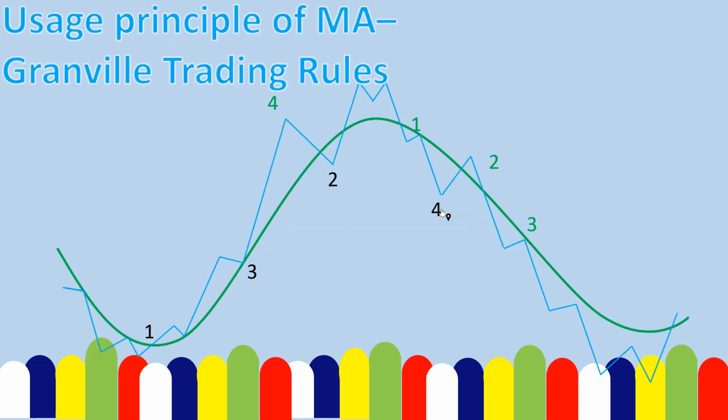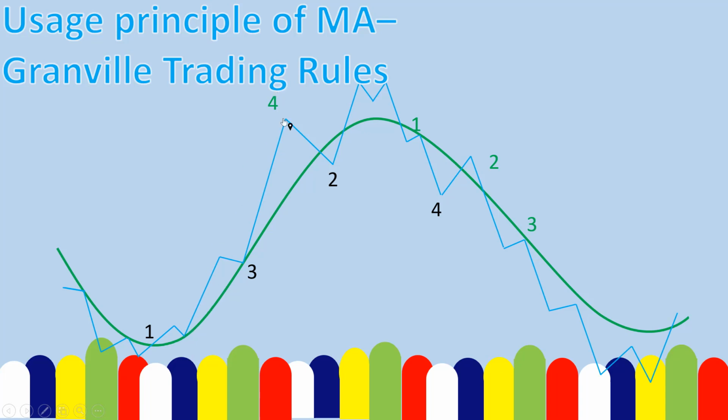First, we learn about the usage of MA, the Granville trading rules. For the Granville trading rules, here we have 4 buy points and 4 sell points in this chart. This one is the MA line, MA here. This one is the price.